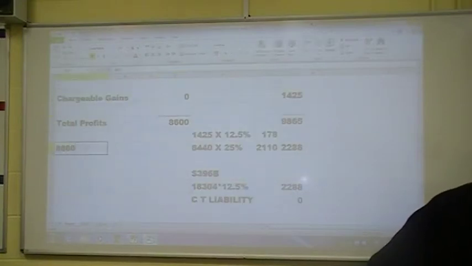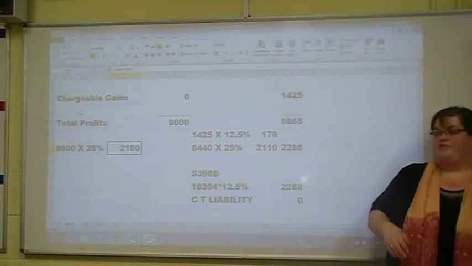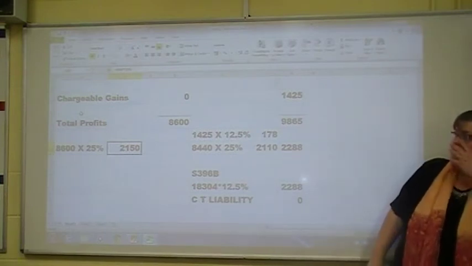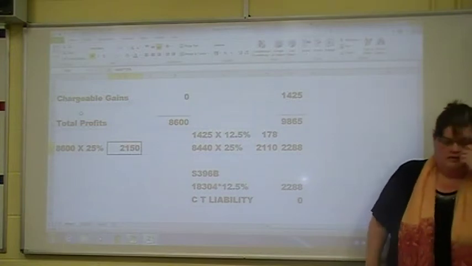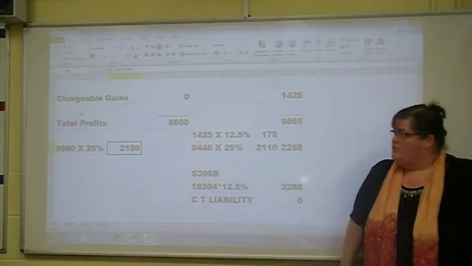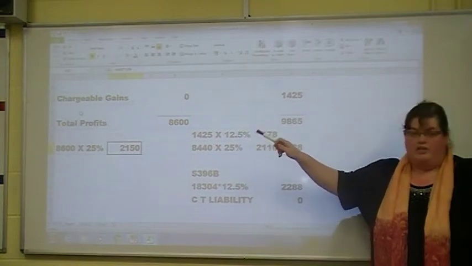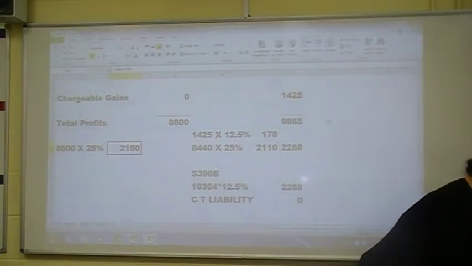So it would be 8,600 by 25%, which is 2,150. So we need to find out now how much of our case 1 loss we need to shelter 2,150 worth of corporation tax liability.